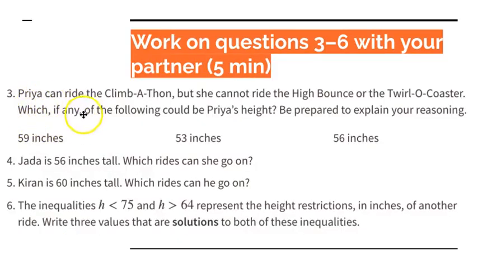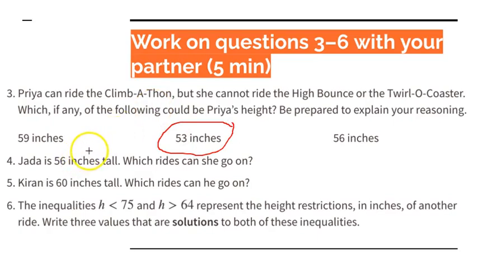All right, so if Priya can ride the climathon, which you have to be under 60 inches, but cannot ride the high bounce or the twirler coaster, which of the following could be her height? Well, the only one is here, right? Because for the climathon, you had to be under 60 inches.